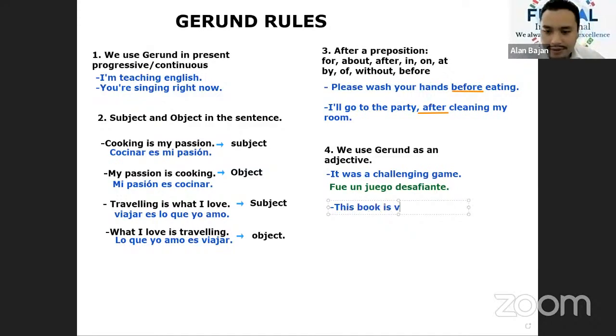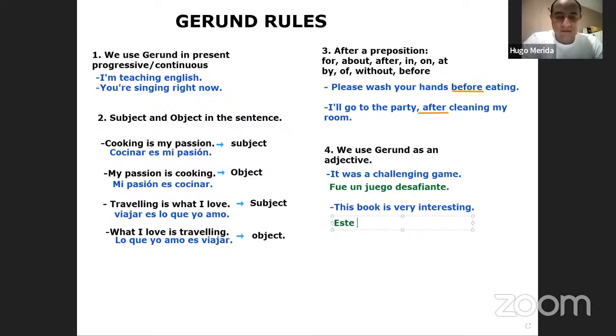This book is very interesting. What means that in Spanish, class? This book is very interesting. Este libro es muy interesante.